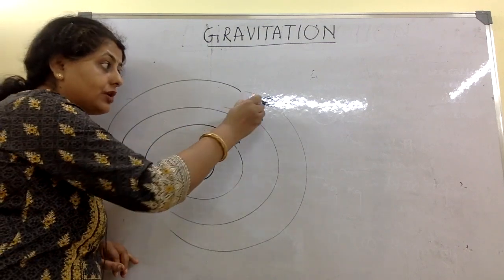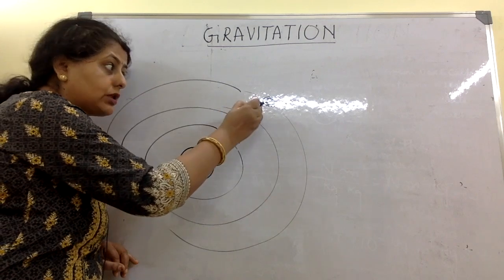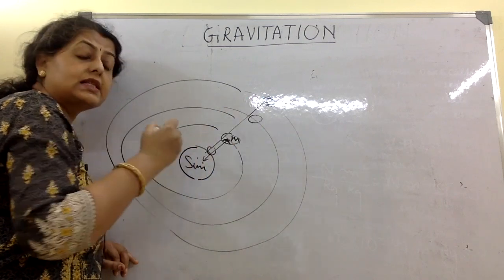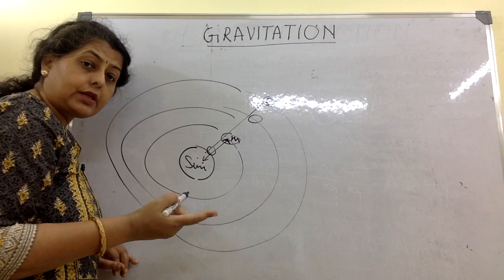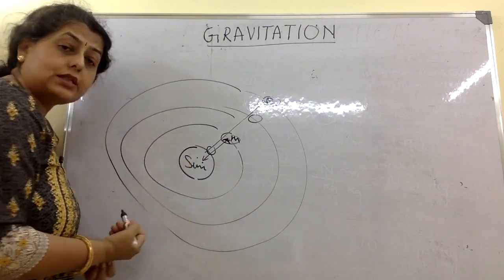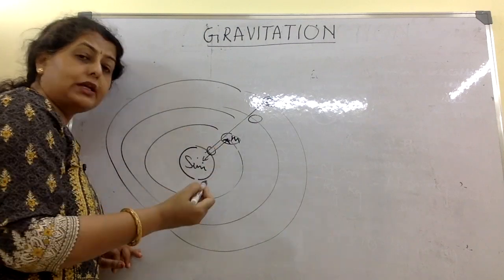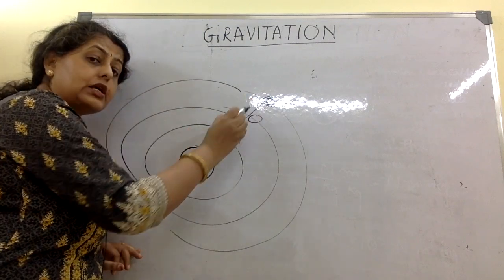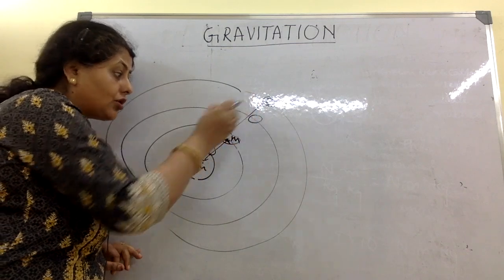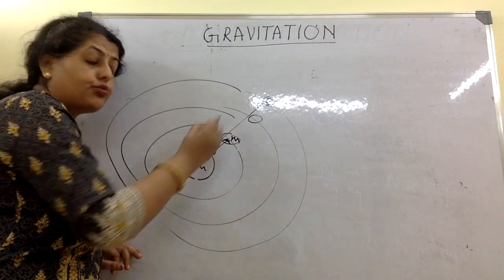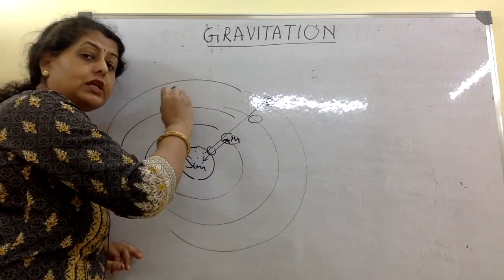Similarly, the sun is pulling us due to gravity, but we are also pulling it. We don't have the capacity to pull the sun completely towards us. So we are not going and sticking to the sun; we are just moving around the sun.